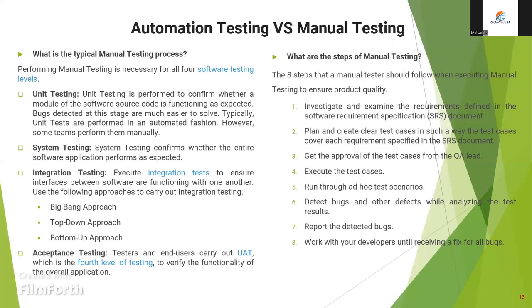And you can use different approaches for integration testing, which are the big bang approach, top-down approach, or bottom-up approach. Acceptance testing, anyone? Acceptance testing is at the end of the manual testing, and this is how the user or customer accepts the product.